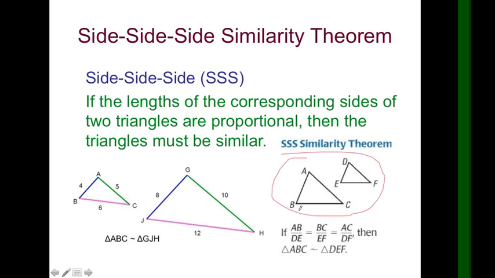So if line segment AB is proportional, or is equal to line segment DE, and they are equal to line segment BC over EF, and they are equal to the ratio of the line segment AC over line segment DF, pareho sila, ibig sabihin that triangle ABC is similar to triangle DEF.